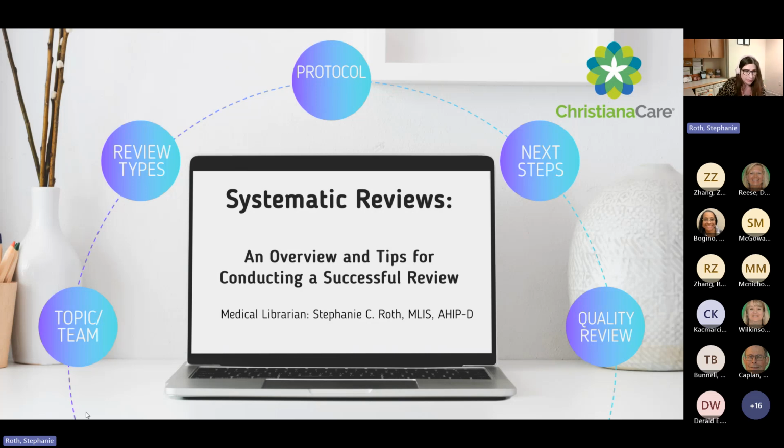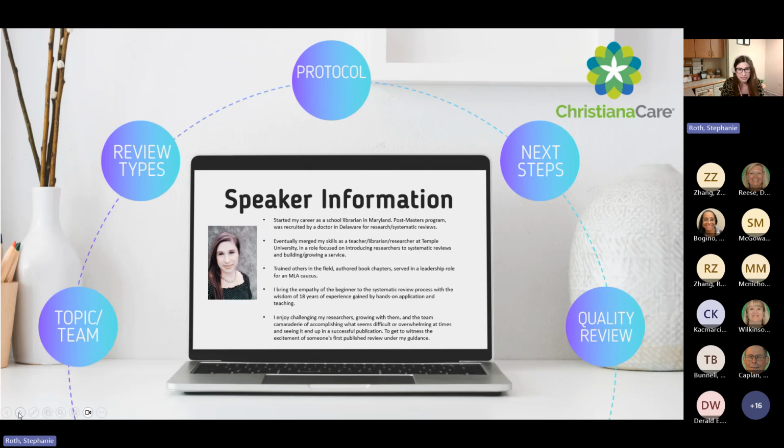If you're not familiar with who I am, you had a great introduction, but I had a very humble start to the field. I was a school librarian and I entered the health sciences profession as a medical librarian right from being a school librarian. So it was a fast pipeline into the health field, and I learned a lot immediately.